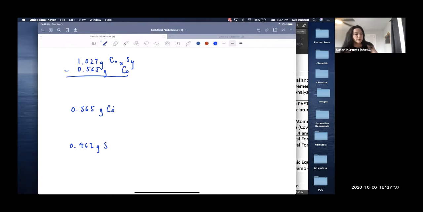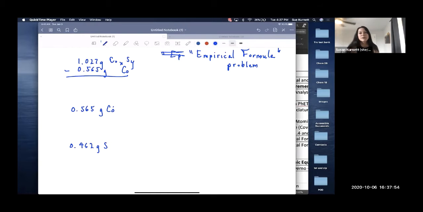So these are the important points of something called an empirical formula problem. Empirical just means we did something in the lab and came up with this experimentally. So experimentally, what is the formula?